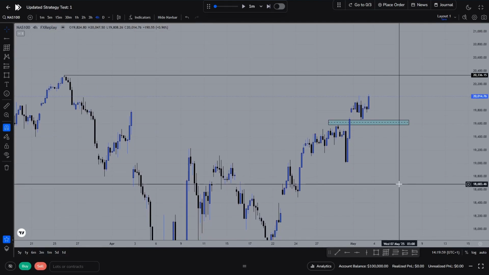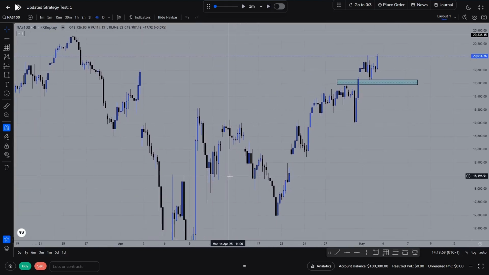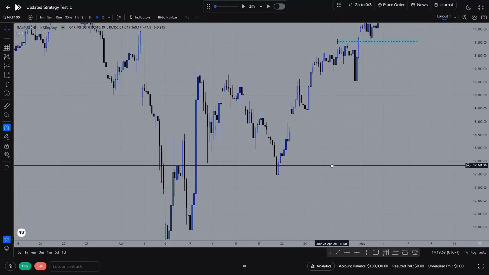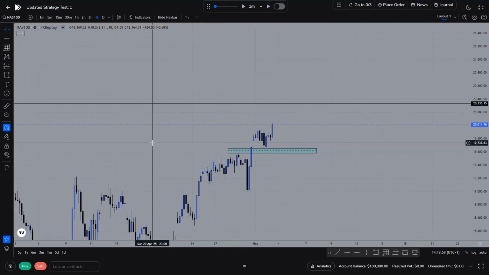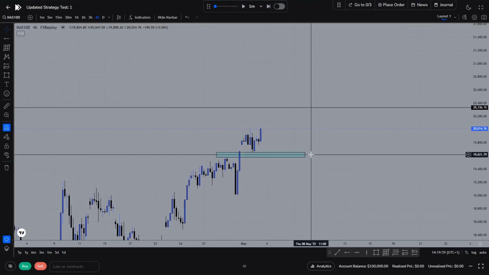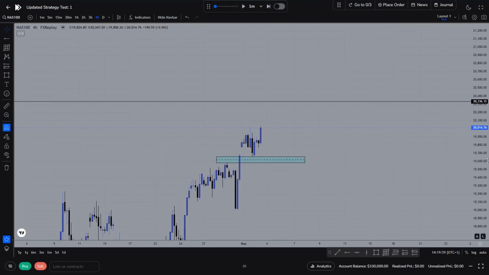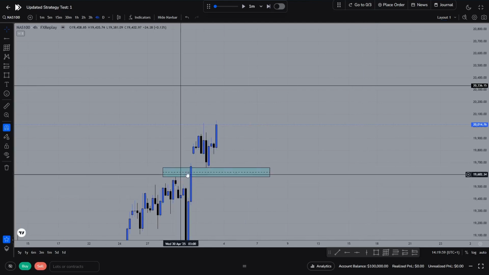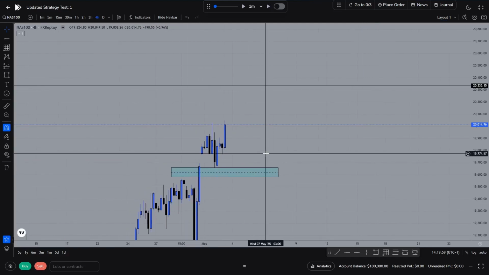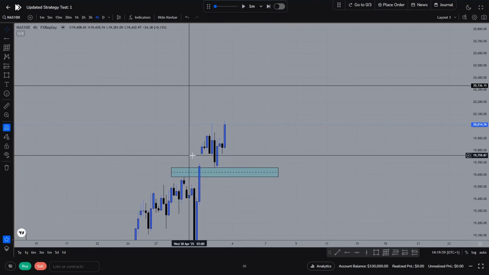So many gaps in the market. I don't know if this is how it is on TradingView. Price swept and pushed higher, tapped into this FVG, meaning we are bullish and accept that.